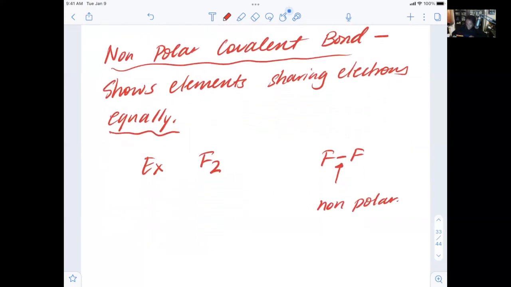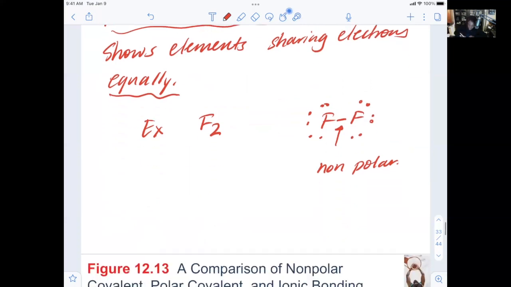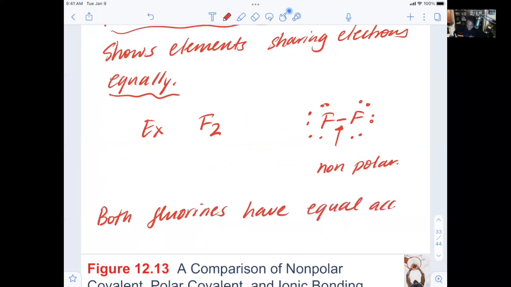Why? Because both fluorine have the same level of access to the shared electrons. Okay, so I'm going to try to paraphrase that here. Both fluorines have equal access to shared electrons.